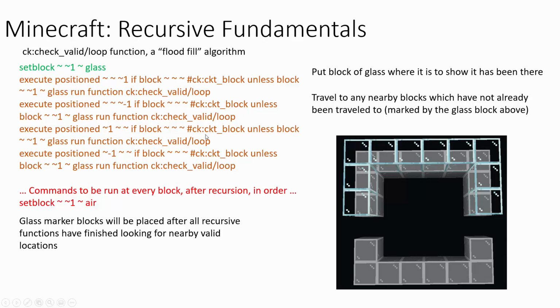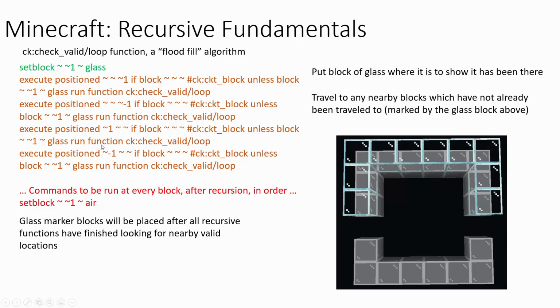What this does is move around the grid as long as it's connected in the four cardinal directions, and it will just keep looping itself everywhere. But any commands in the red do not play until after all of the looping has finished. So once you're in the red, you can assume that everything happening in the red is playing everywhere in your circuit.